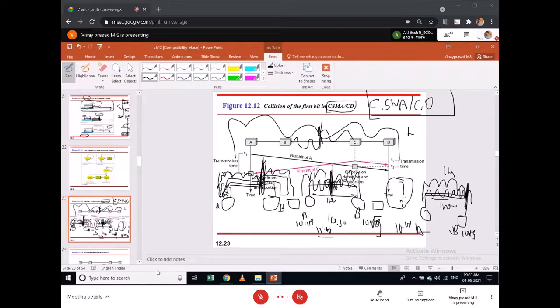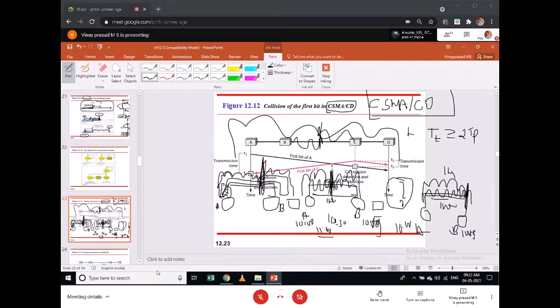As it gets that time, station A should still have some more data to transmit, right? Which means your TT, the transmission time, should be greater than or equal to twice the propagation delay. Isn't it? Twice the propagation delay.